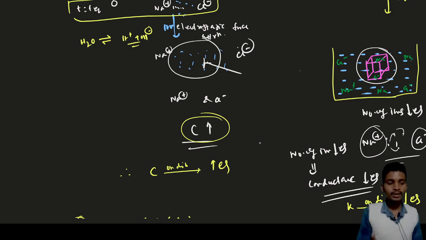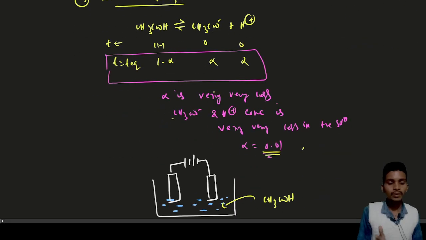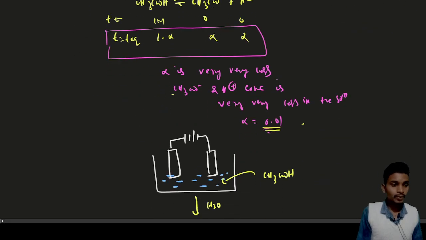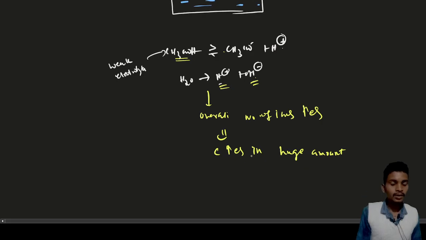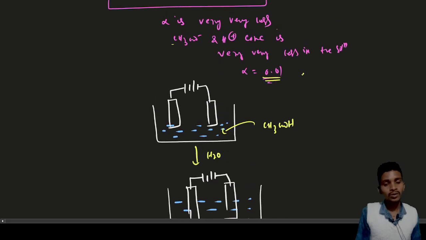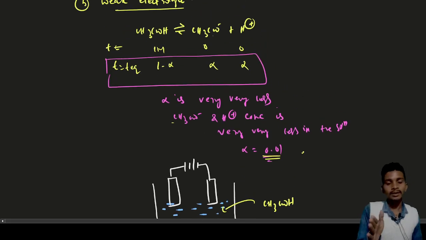After adding water, it only helps to decrease the attractions between the two ions. But for the weak electrolytes, it helps to increase the number of ions. So the conductance increases by a huge amount after adding water. But for strong electrolytes, it only helps to decrease the attractions between the ions, so after the addition of water there is only a very small increase in conductance.